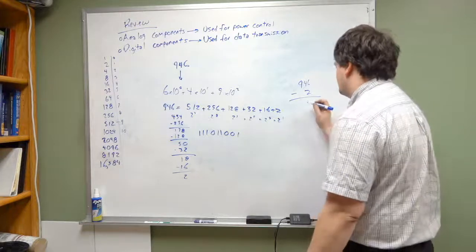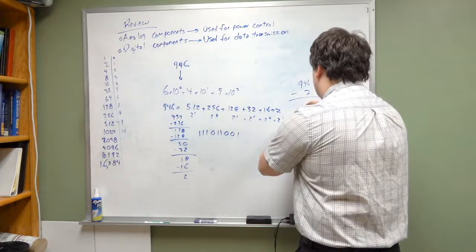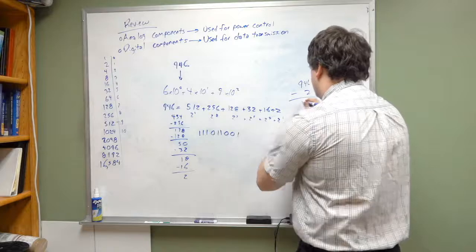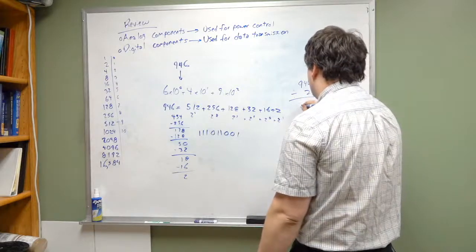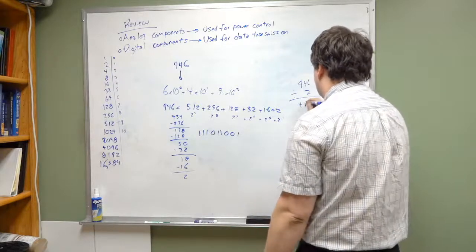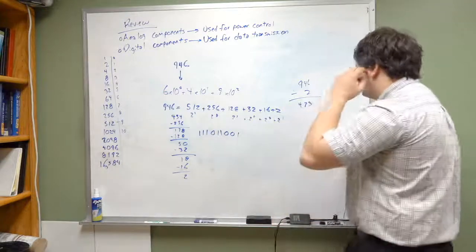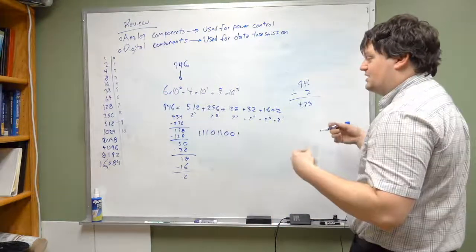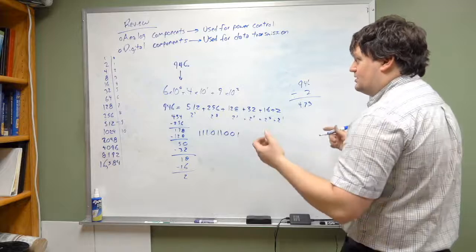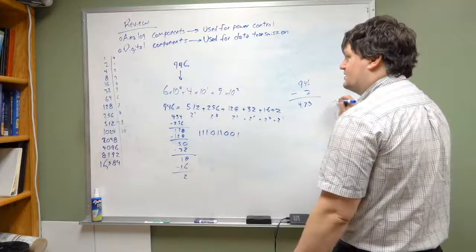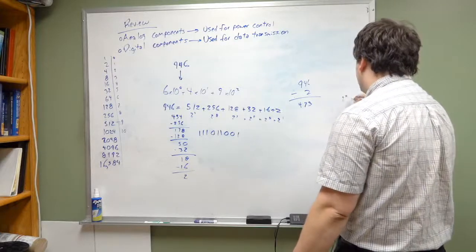I think that's how it is. Something like that. Okay, so this becomes 473. It did divide nicely by 2, and for that reason our 2 to the 0th place has a 0.